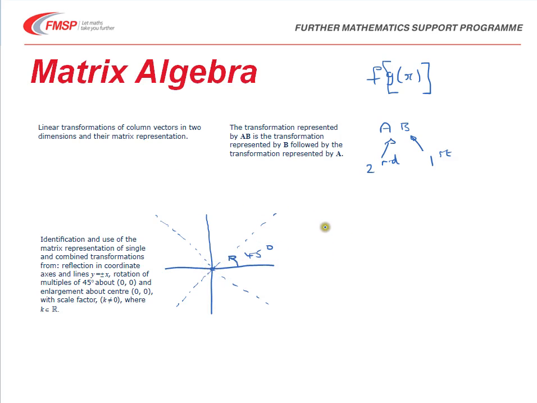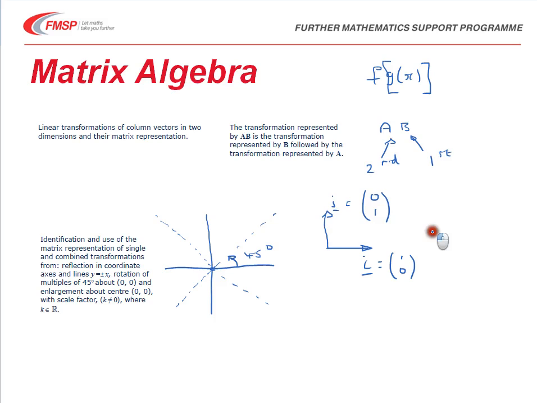All of the particular transformations can be found by considering the unit vectors i, which is the vector (1, 0), and j, the vector (0, 1), and what happens to them when we perform a particular transformation.